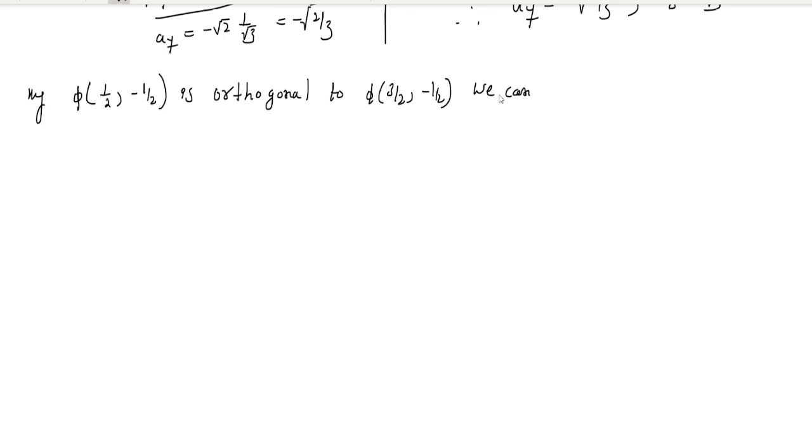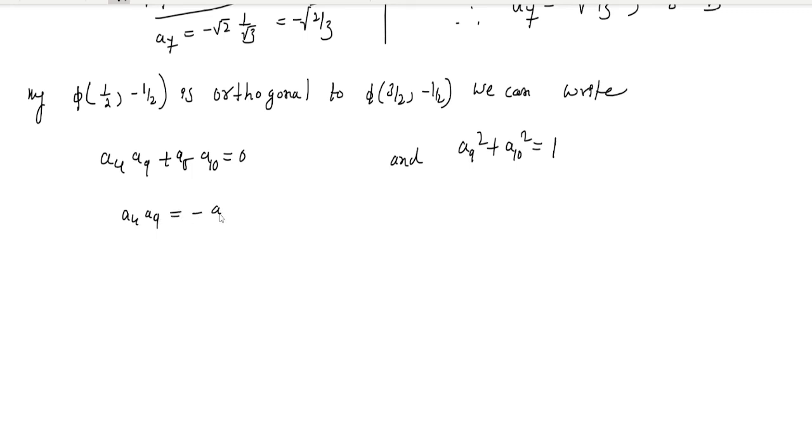We can write, so orthogonal condition a4 a9 plus a5 a10 equal to 0, and a9 square plus a10 square equal to 1. So a4 a9 equal to minus a5 a10.